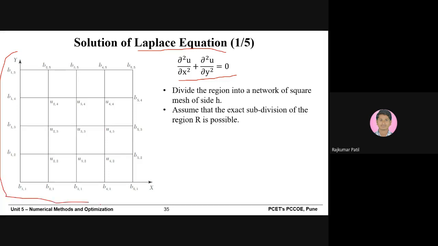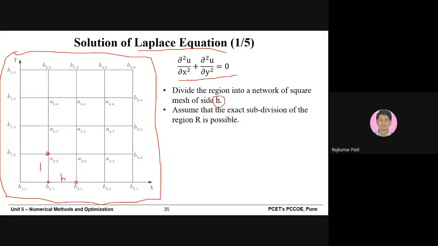It has a plane xy, and the region is divided into a square mesh, and the distance between two successive nodes is h. You can take any two successive nodes, and the difference will be h, whether it is on the x-axis or on the y-axis.